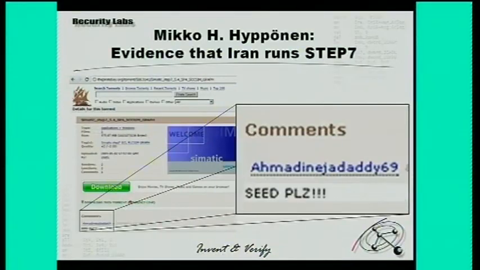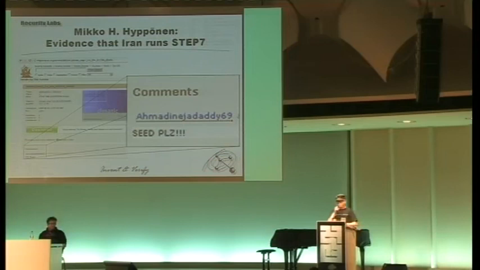Of course, there's other ways to get the software. And as Miko pointed out, it's fairly obvious that Iran runs the software too. And apparently whatever their purpose was, it wasn't 14 days.